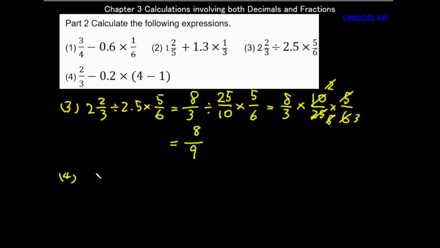Number 4. 2/3 minus 0.2 times 4 minus 1. First, you have to calculate the parentheses.